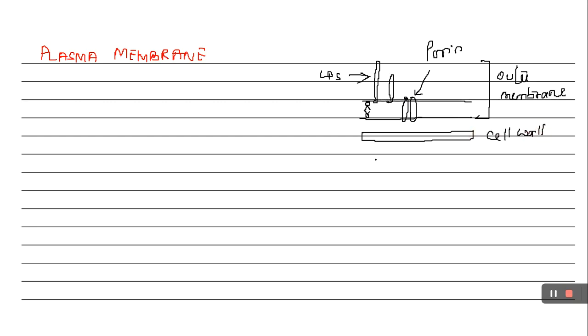Inner to the cell wall is the plasma membrane, which is again double layered. This is the structure of the plasma membrane, and this is periplasmic space.